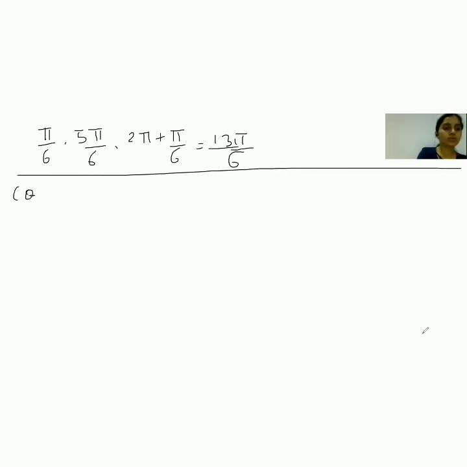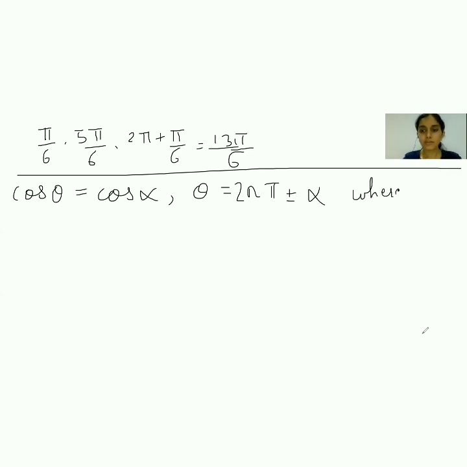So cos theta is equal to, again we write it as cos alpha, where theta has a generalized solution as 2n pi plus minus alpha. Here we can write that n belongs to Z. This is how you normally write the generalized solution for any of your trigonometric equations.